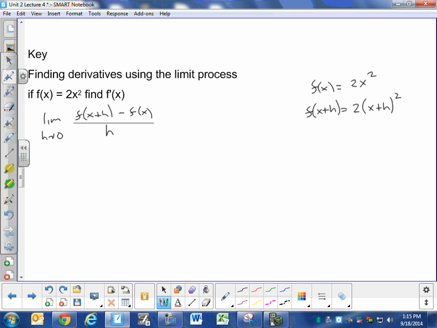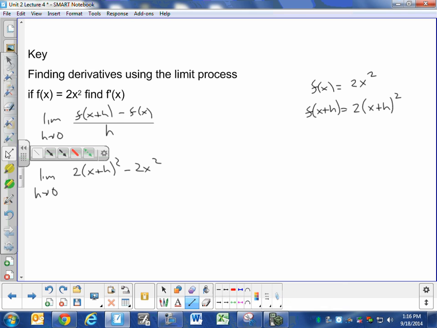Well, we're now ready to plug this stuff into my definition of my derivative. So I want to find the limit as h approaches 0 of 2 times x plus h squared minus 2x squared over h.